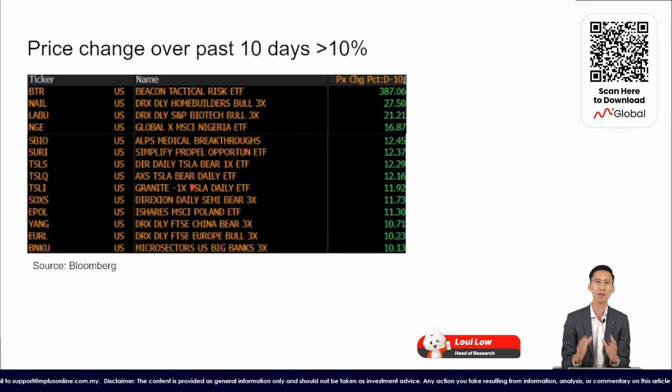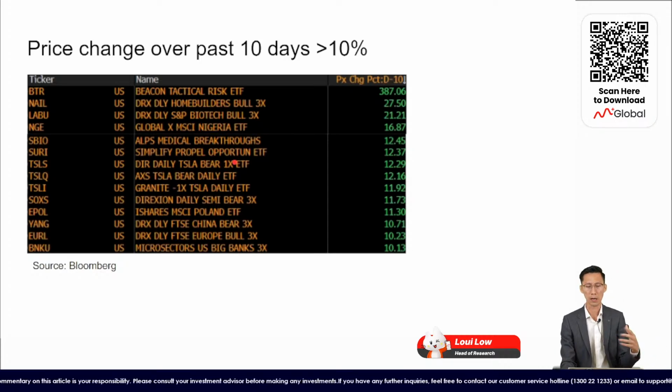Which means that they provide you a direction to speculate on, and you can also see 3x, 1x, 3x. What it means is that there is leverage within these ETFs. It's a general rule of thumb that the issuer's name will be in front, then the product it is on, like this is Tesla, then they will give you the direction and the multiplier that you can get from this ETF. So these are some of the ideas here.